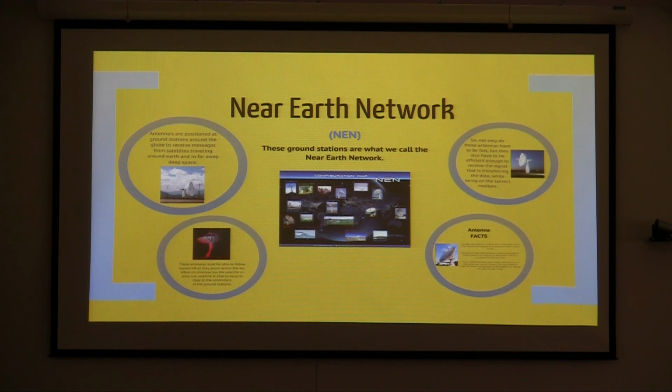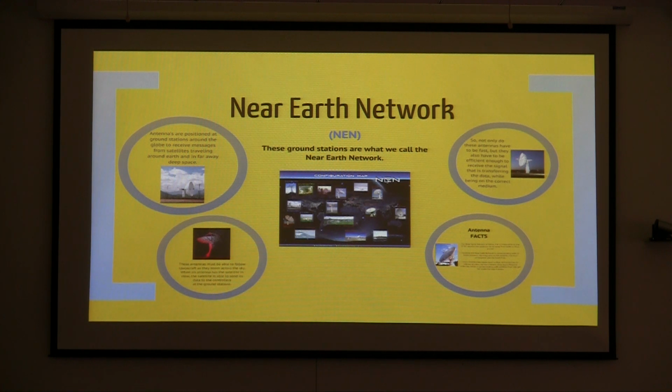So the types of antennas that you probably associate with communication, the large ones that you think of, those are the Deep Space Network. The Near-Earth Network uses a little bit smaller antennas, like the one that you saw last night, which was, I think, 13 meters across. Most Near-Earth Network antennas are between 11 and 15 meters. The Deep Space Network antennas are the ones that are like 70 meters across, and are much larger.